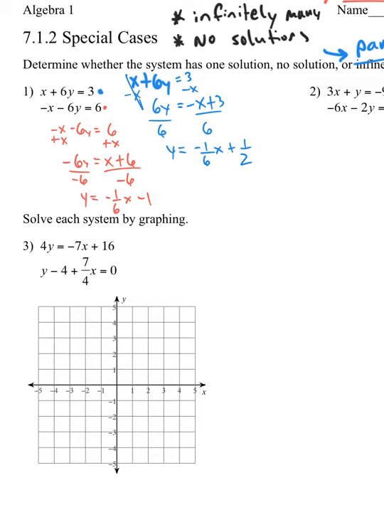All right? So solving both those equations for y, we see that they have the same slope, negative 1/6. The y-intercept is different. So these lines are not exactly the same.